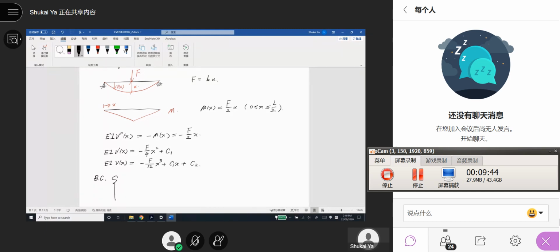Because we have two unknowns, C1 and C2, at least we need two boundary conditions to determine these two values. The first one is when x is equal to 0, v is equal to 0. At this point, x is equal to 0, v is equal to 0.